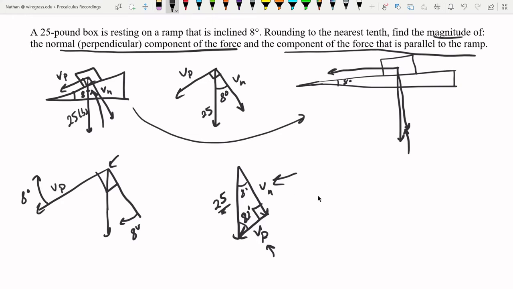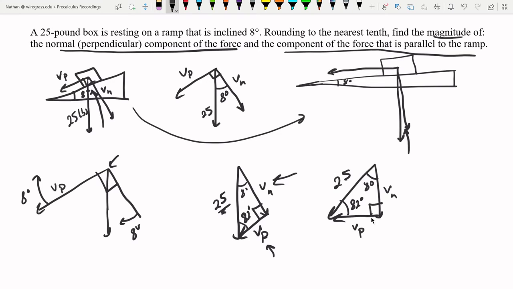So I'm just going to rotate just slightly. 25. This is Vn, and this is Vp. Of course, my triangle is completely off because the angles aren't at all realistic, but that doesn't matter.